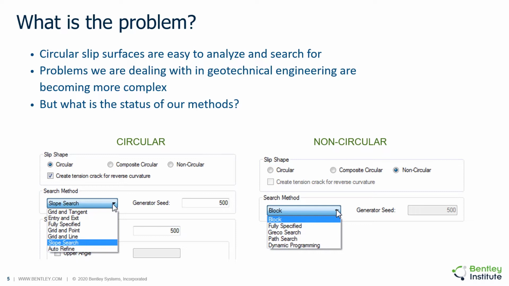Non-circular slip surfaces represent additional challenges in identifying the minimum factor of safety. The software has implemented a wide variety of non-circular searching methods, such as the block search, the Greco and PATH methods, and the dynamic programming method, which is based on a related stress analysis. The methods therefore provide a comprehensive suite of searching methods to find a minimum slip surface.